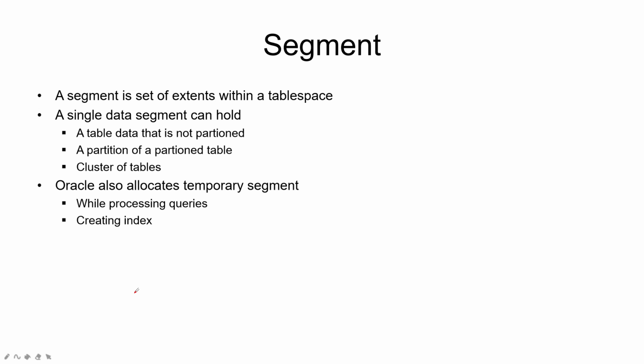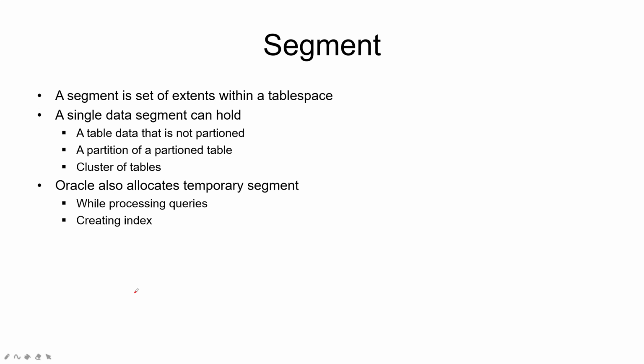That's what I mentioned a couple of minutes before, right? So when the memory is not sufficient, it will use the temporary segment. But if it is sufficient, it won't use the temporary segment, but will use the memory only. So that will be much faster and more efficient, right?